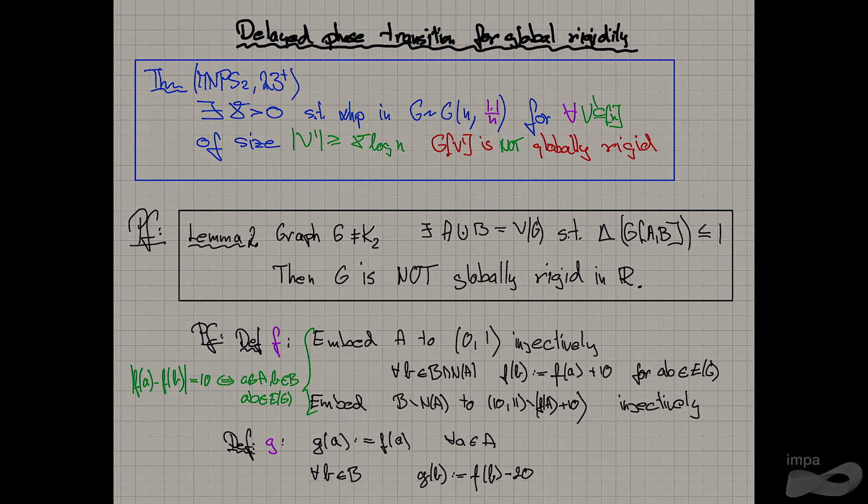So the phase transition happens for two-connectedness at 1 over n. But this statement says that if you are interested in injective point sets, then the phase transition is delayed at least to 1.1 over n. So there is a larger constant over n where you will be able to reconstruct a linear sized chunk, because otherwise you will just be able to reconstruct logarithmic chunks.